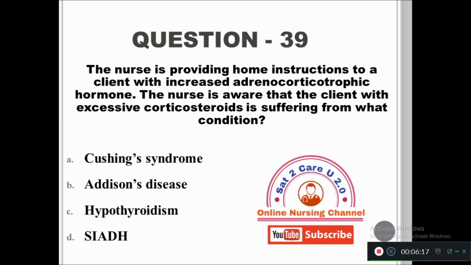The right answer is option A, Cushing syndrome. It is clinically defined as the presence of excessive corticosteroids. Addison's disease is clinically defined as adrenocortical insufficiency. Hypothyroidism is a condition where there is insufficient thyroid hormone, while SIADH is characterized by excessive release of antidiuretic hormone.